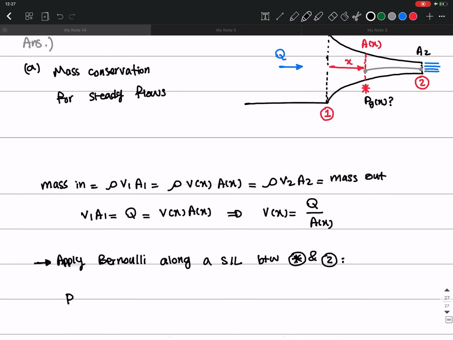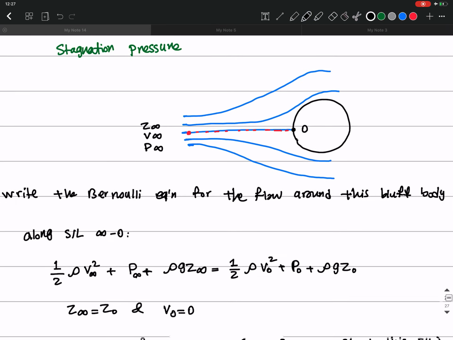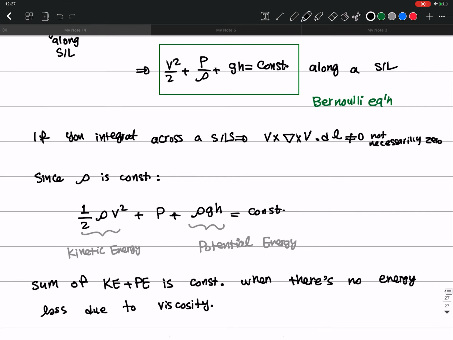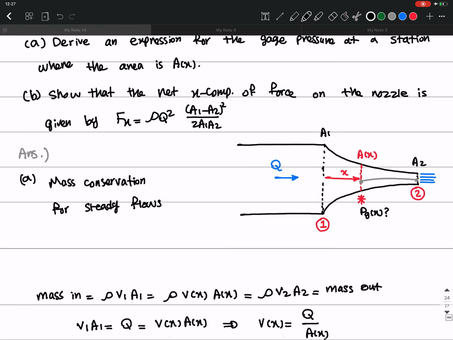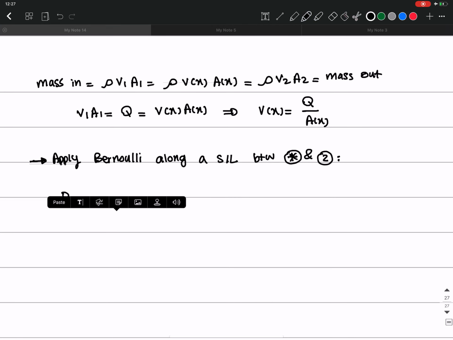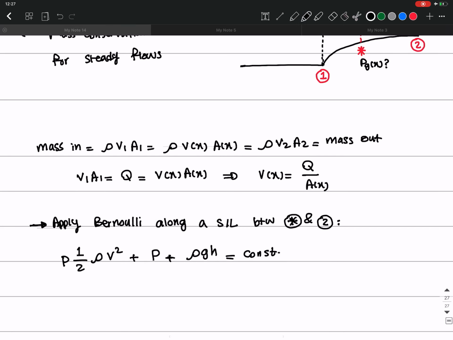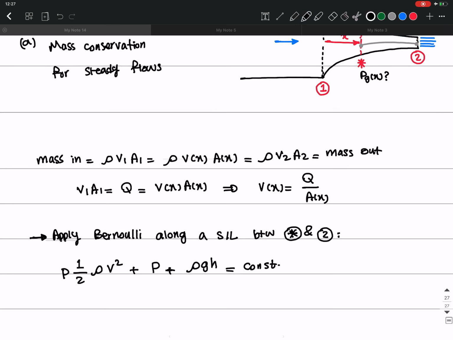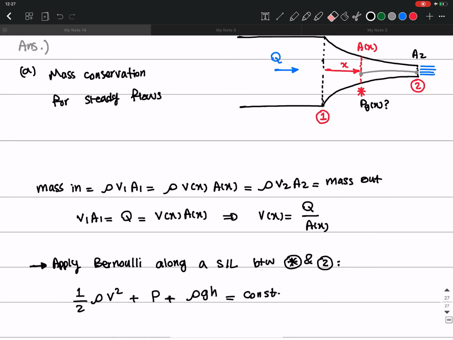Okay. So let's write it. So we have Bernoulli equation. I'm going to use the simpler form of that. This is constant along this streamline. So what I can do is just write it for both of them, so the left hand side should equal the right hand side.